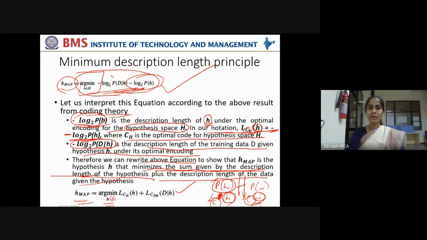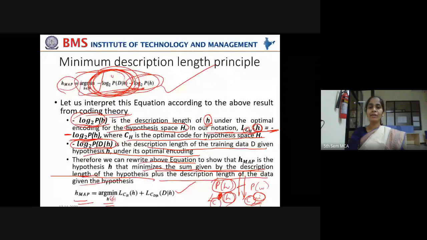Plus, now you are writing this in description length terms. This term you are writing in minimum description length terms. So how do you write that? Plus the probability P of D given H, that is written as the length of D given H by using the technique C over all the training examples given the hypothesis is true.